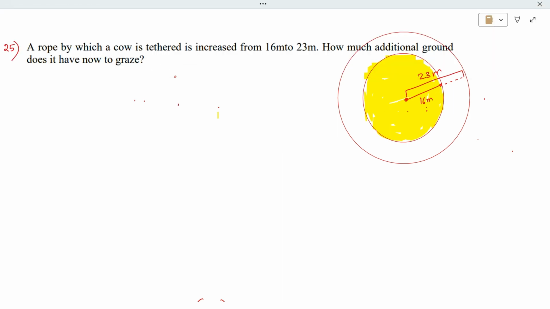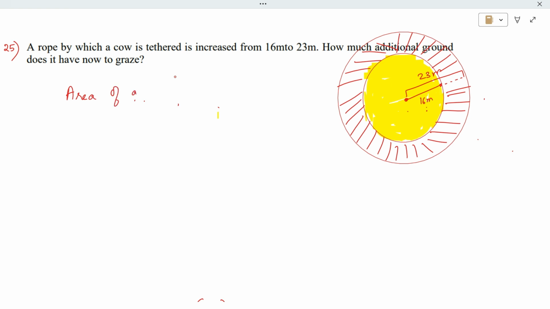But I need to find how much additional ground it now has to graze. So only this I have to find. Okay, because the 23-meter rope will include that yellow zone, but I need the additional ground if the radius has been increased from 16 meter to 23 meter, which means I need to find the area of the shaded region. So what is the area of additional ground?